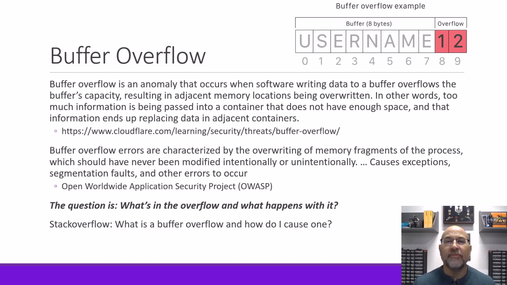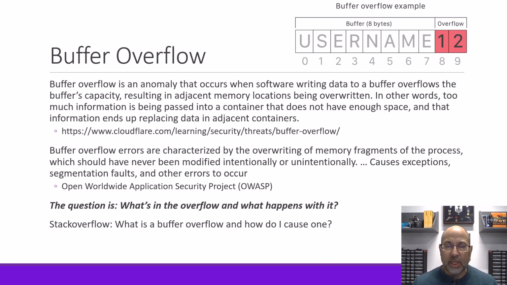So if you define a memory location as needing this much space, but something is written there that overwrites that buffer and writes into the next memory location, that's a buffer overflow. In other words, too much information is being passed to a container that does not have enough space. And that information ends up replacing data in the adjacent container or memory location. And the graphic up there also comes to us from Cloudflare.